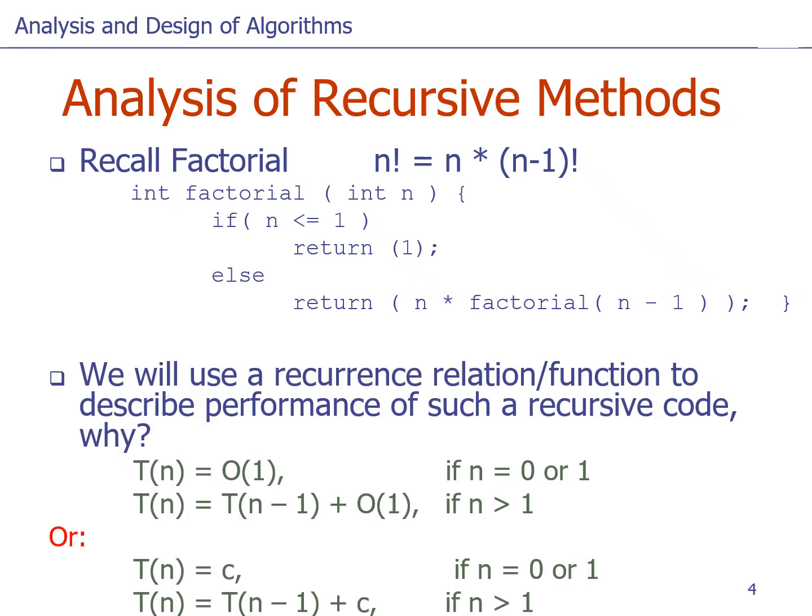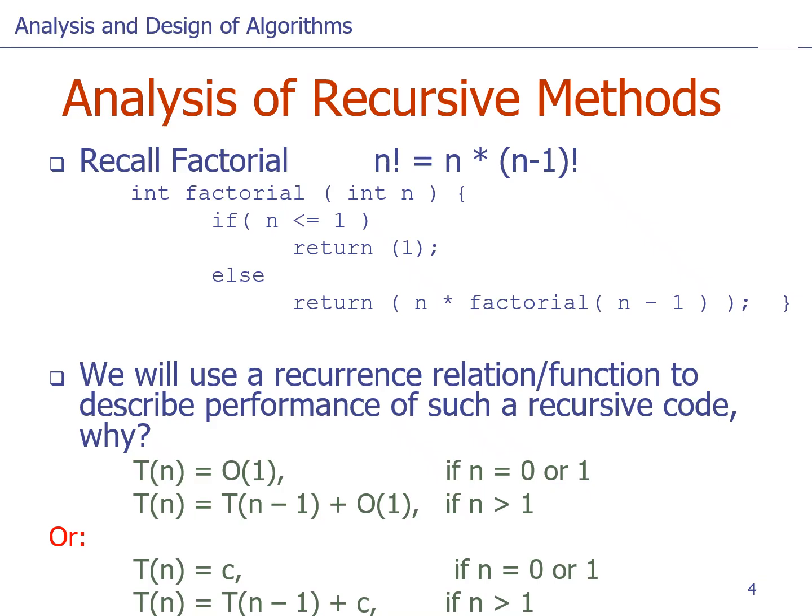Now, what we're actually going to do is use what's called a recurrence relation or a function, which is, again, a mathematical technique to talk about the performance of a recursive piece of code like the one in front of us here for the factorial.